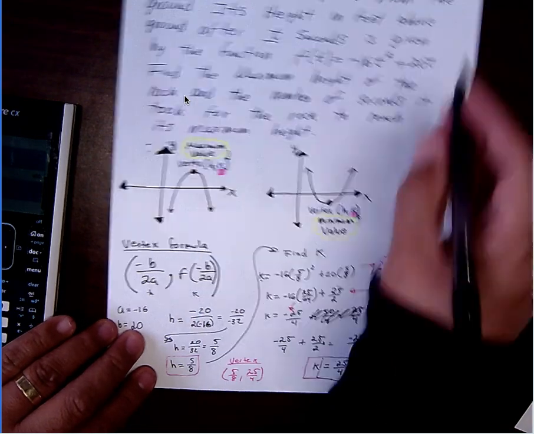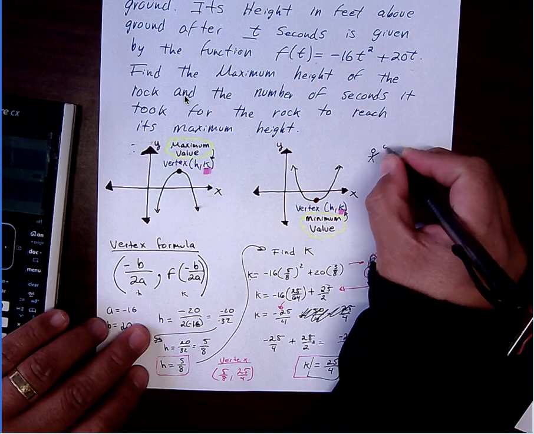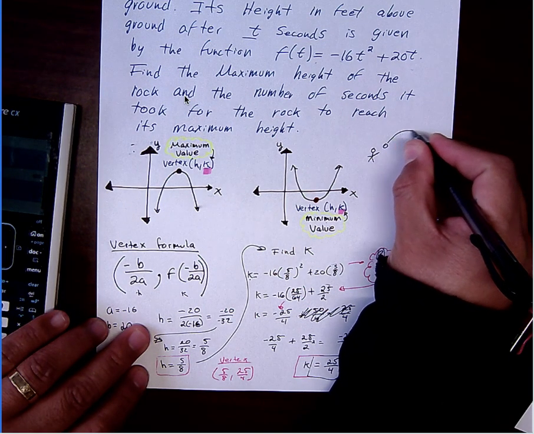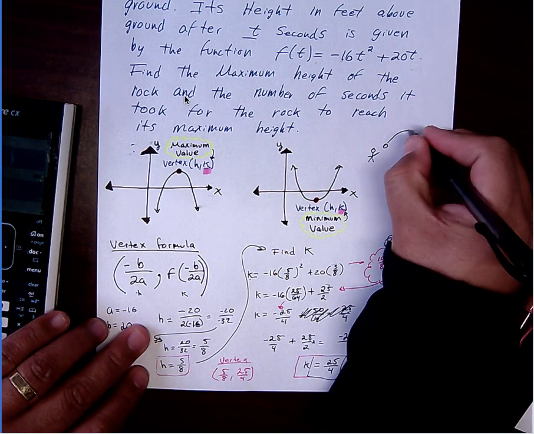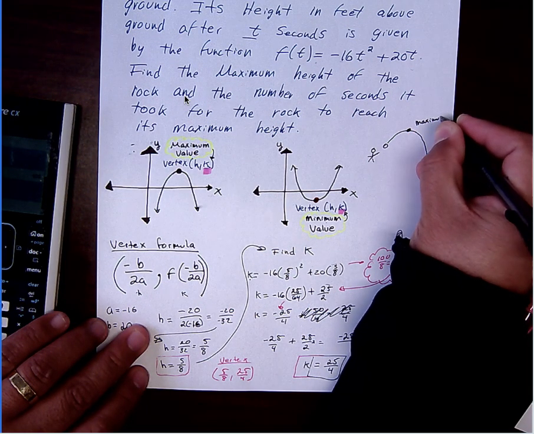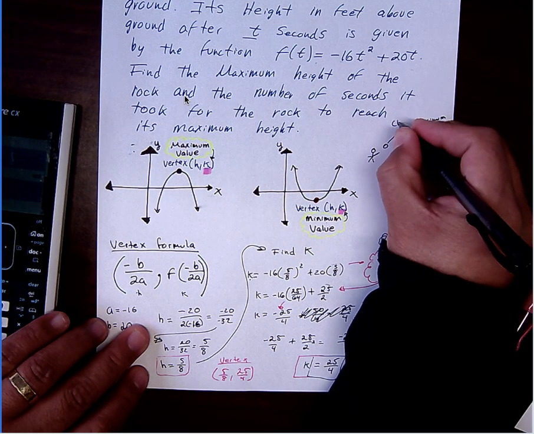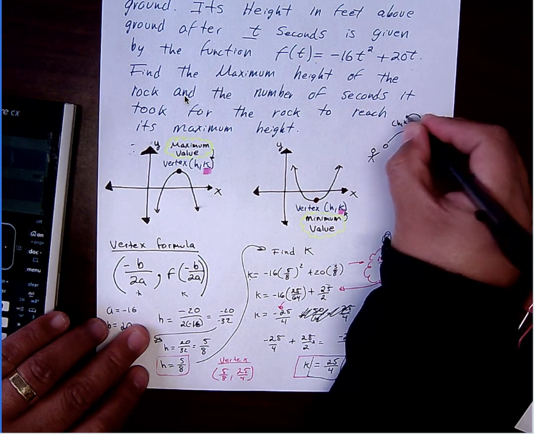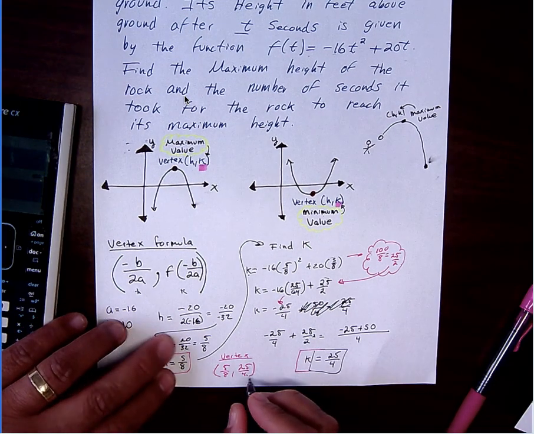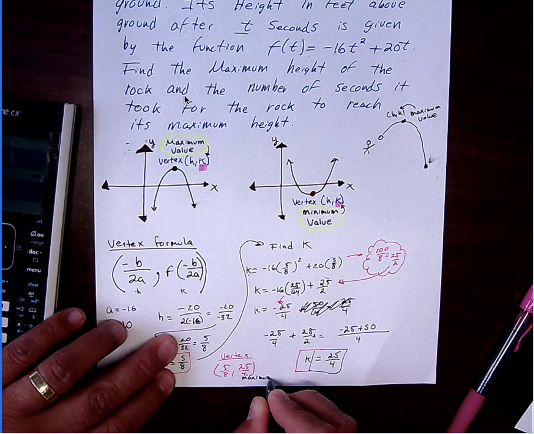Since it's a rock, you throw a rock, and it's going to make a parabola like that, so it's going to have a maximum value, which is going to be the K. You can write it down here: maximum value would be this one.